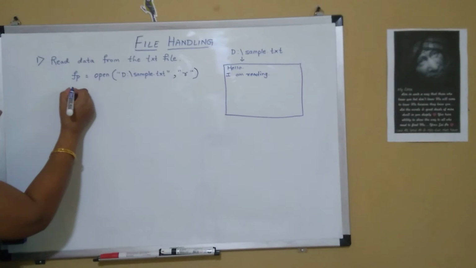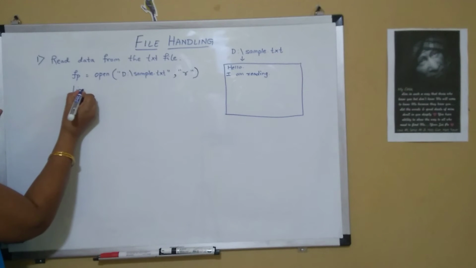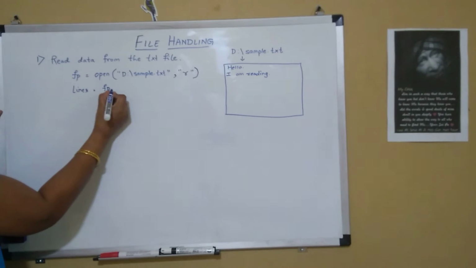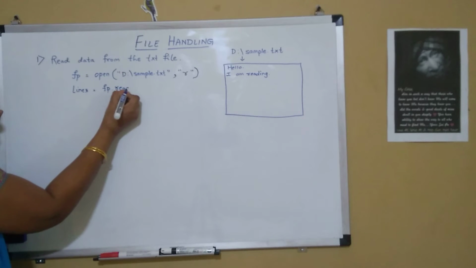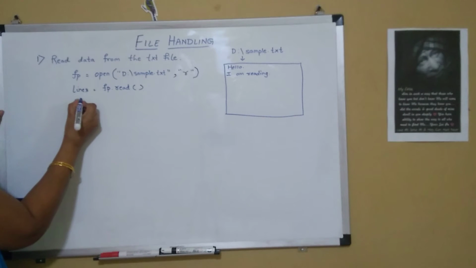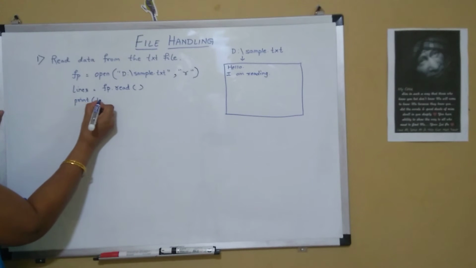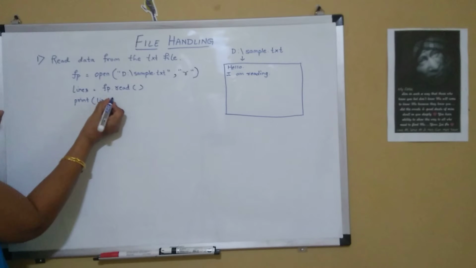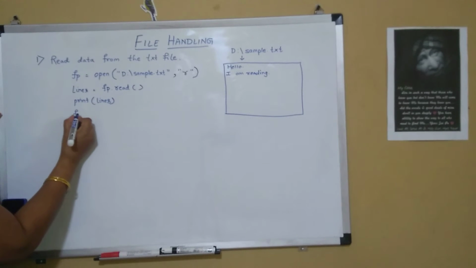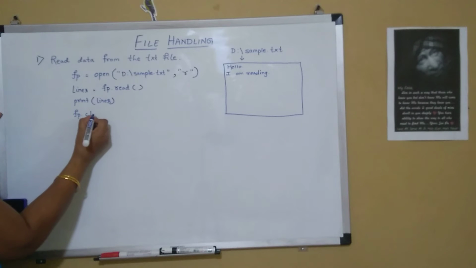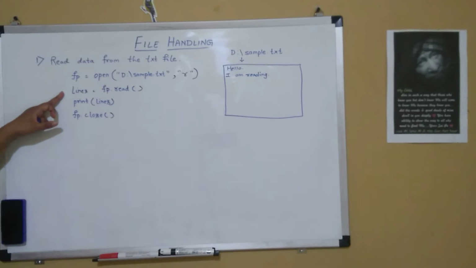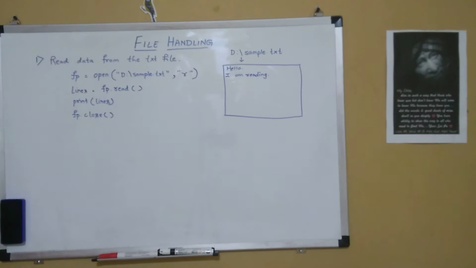And now let me say lines is equal to the file object, that is fp.read. And now I'll say print lines. And after that we have to close the file object explicitly. So I'll give fp.close after reading the data from the input file.